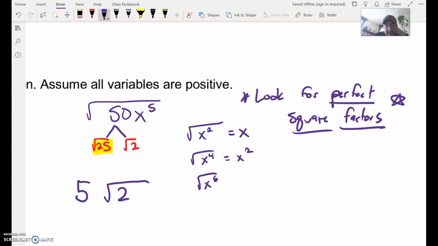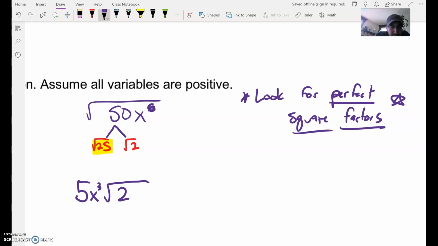The square root of x to the 6th is x to the 3rd. Even number variables are all perfect squares, because of our exponent rules that we went over. So if you see an even number, you're golden. If this was a 6, the square root of x to the 6th, we would put an x to the 3rd out here and be done with it. But it's not a 6. It is a 5.